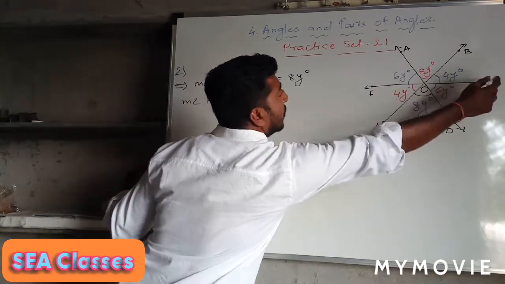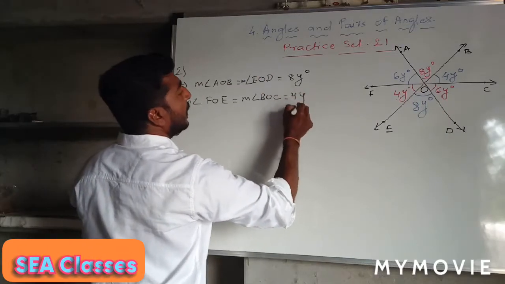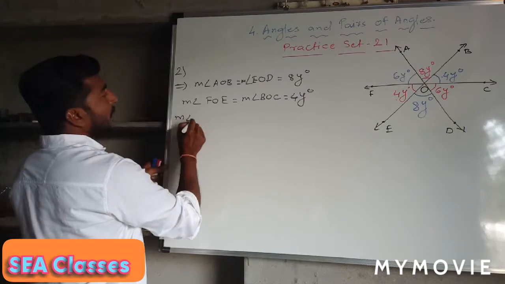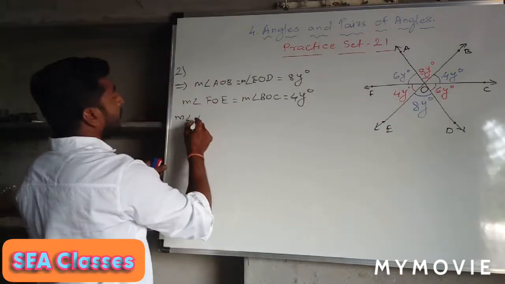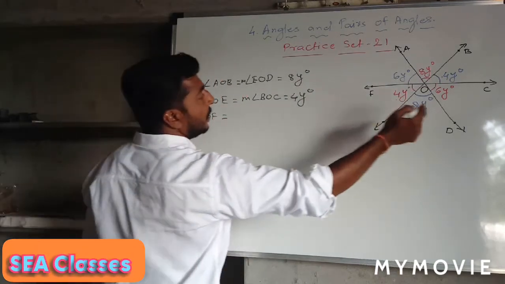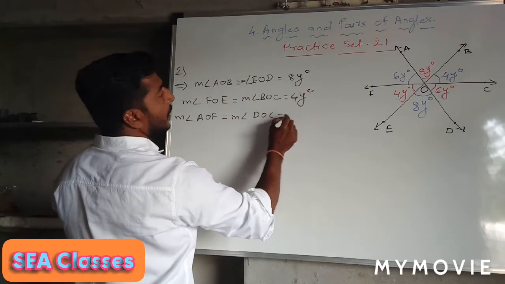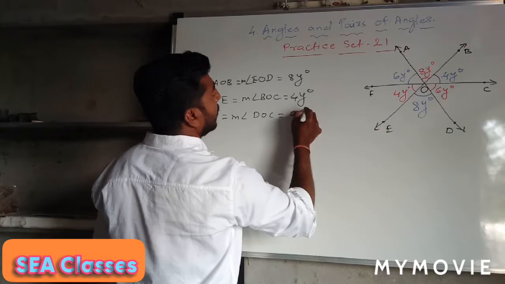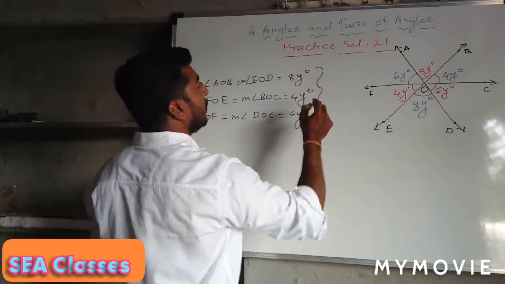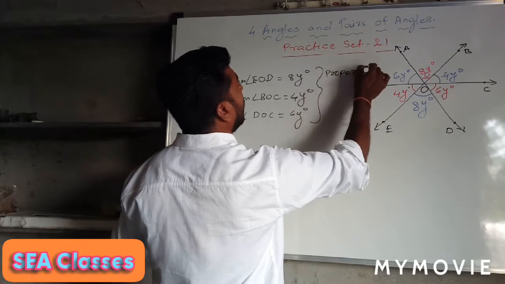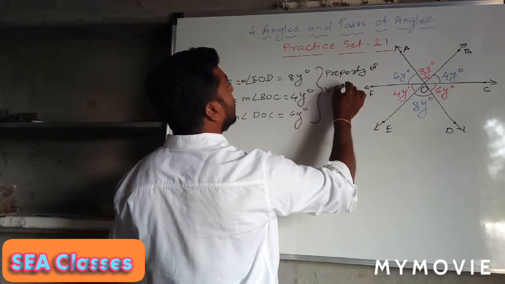FOE and BOC will be equal to 4y degree. Then measure of angle AOF is equal to DOC, is equal to how much? 6y degree. And all this you have taken from the property of vertically opposite angles.